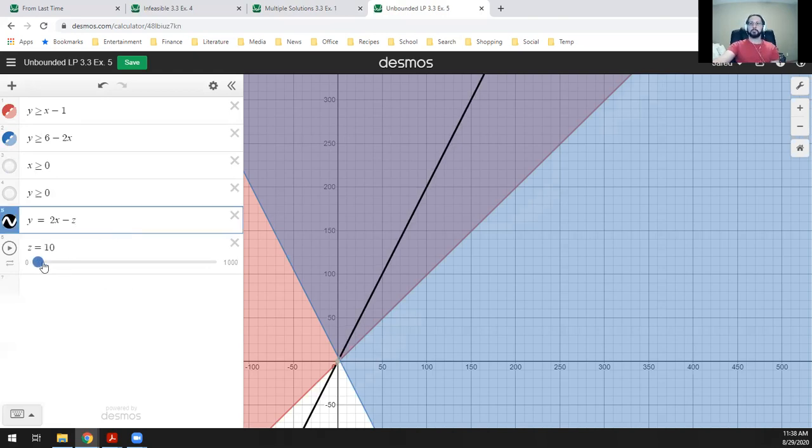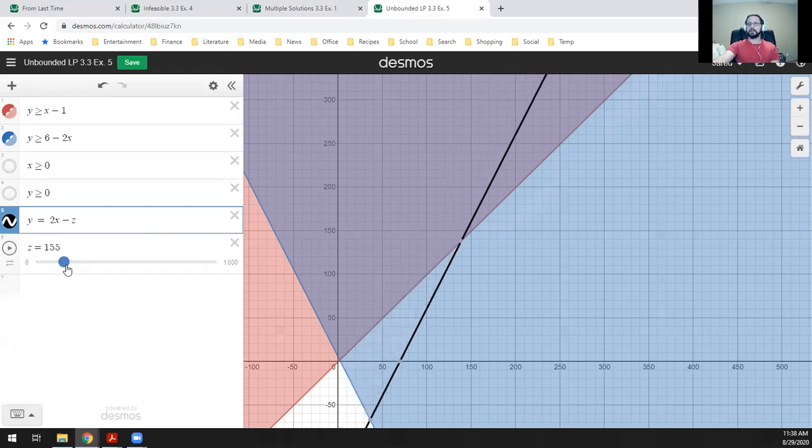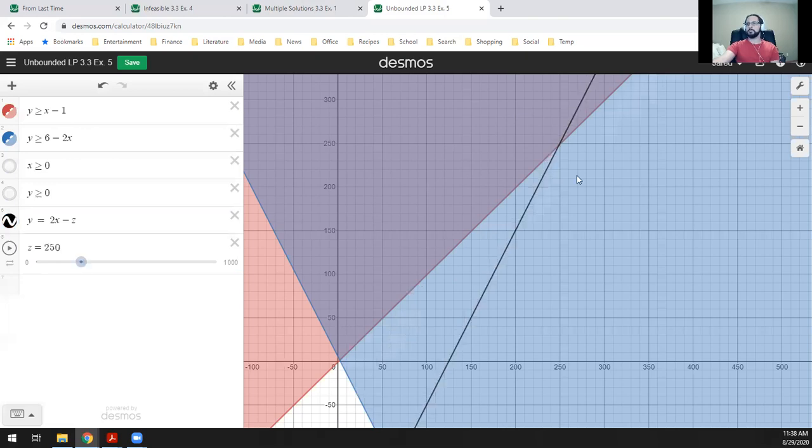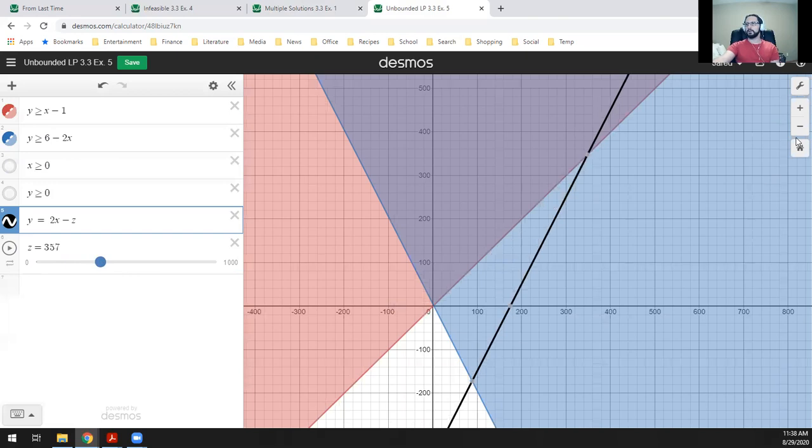Watch what happens as I move it to the right. It looks like no matter how far I move this objective function to the right, the piece going from the intersection with the second constraint onward will be in the feasible region. Increase, increase, increase.